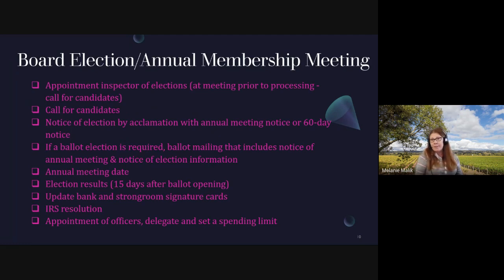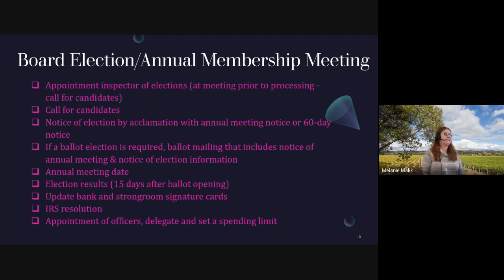However, there are other companies out there that you can get contracts for. And then this goes into your call for candidates, your notice of election by acclamation, or if you're going through a full election, you would need to have all of those milestones to meet those obligations and benchmarks per the law.